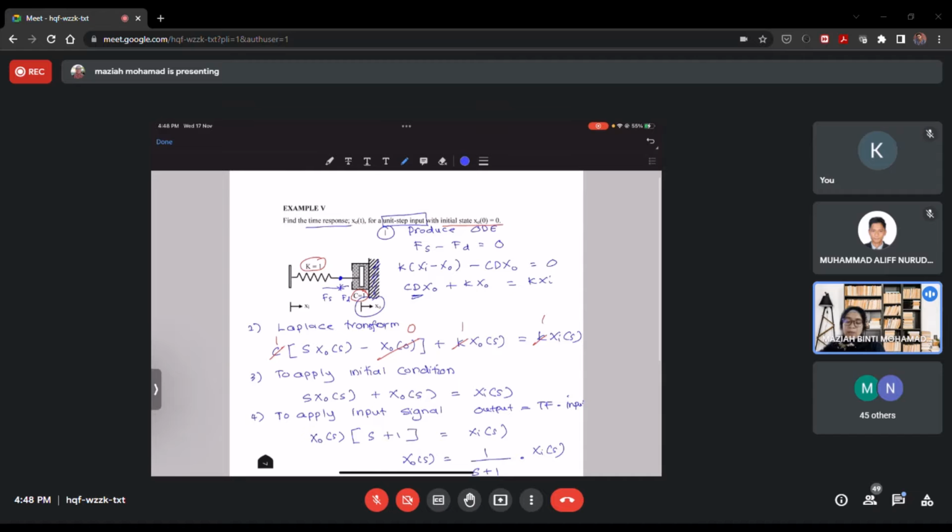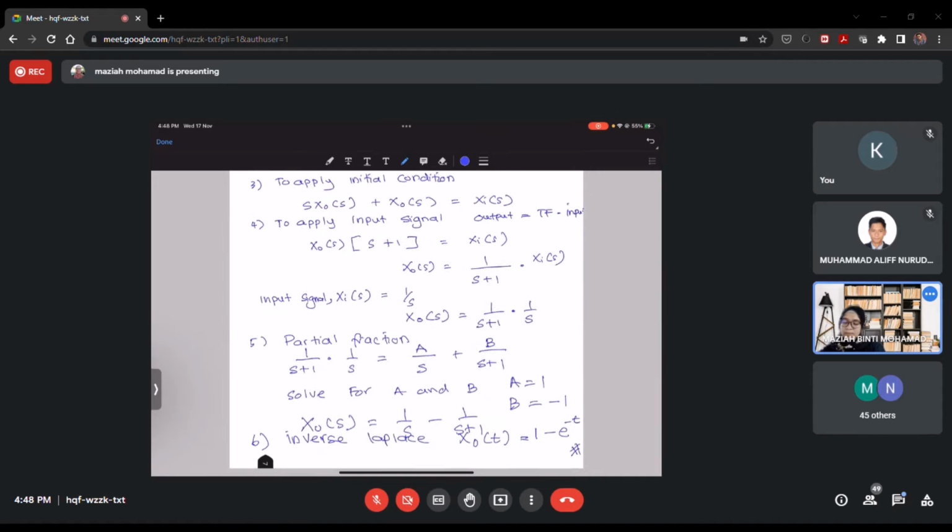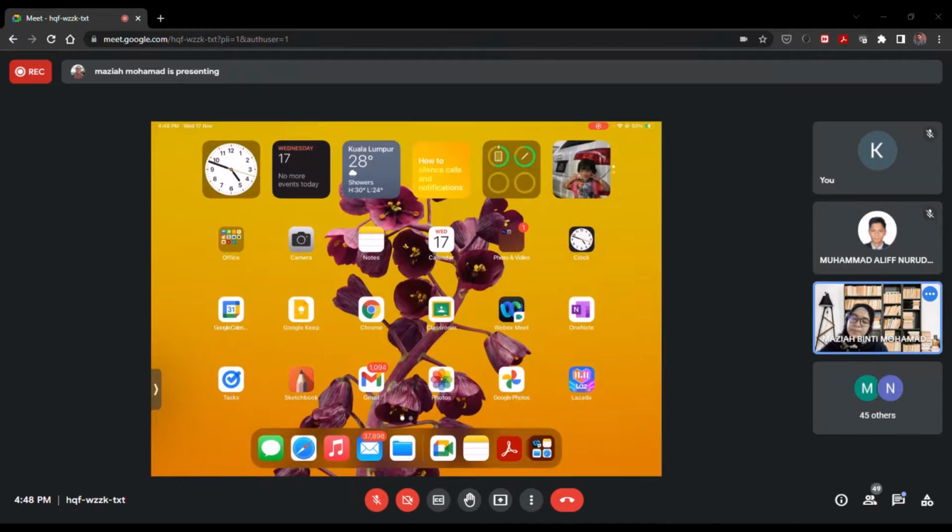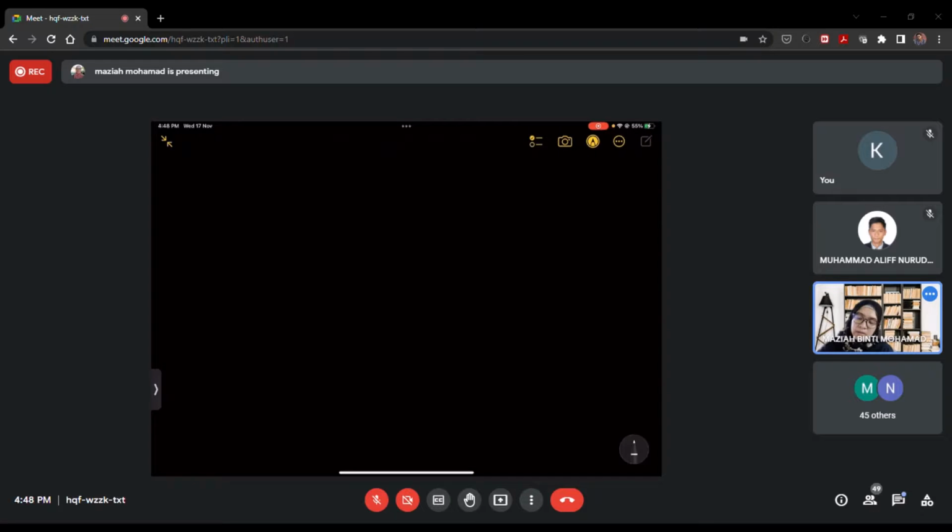So the equation is x naught t equal to 1 minus exponent negative t. We can plot the response of the output, X naught. We can calculate a table.